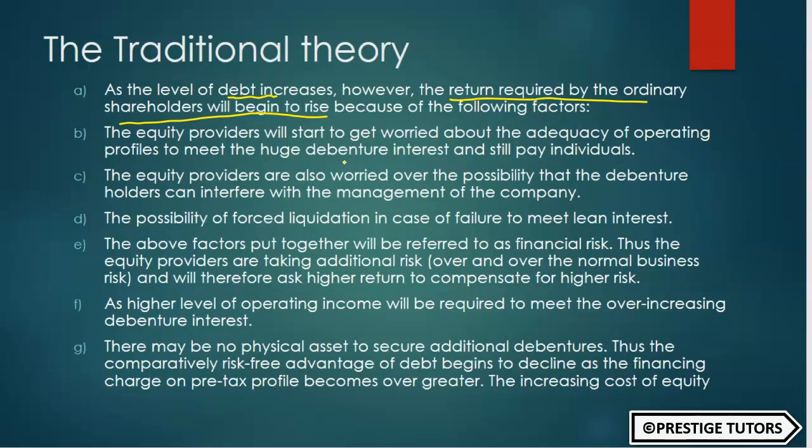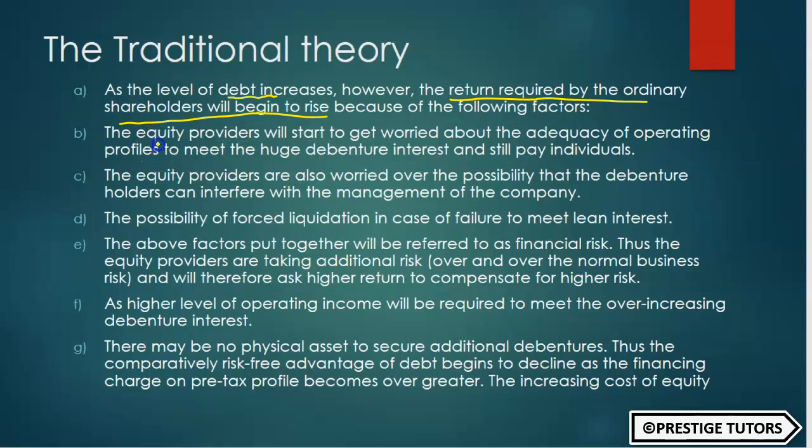They begin to see what? They begin to panic, because they know at the end of it all, you are going to pay interest on debt before you pay them dividend. So the more you go out to take debt, the more they will also increase their returns.